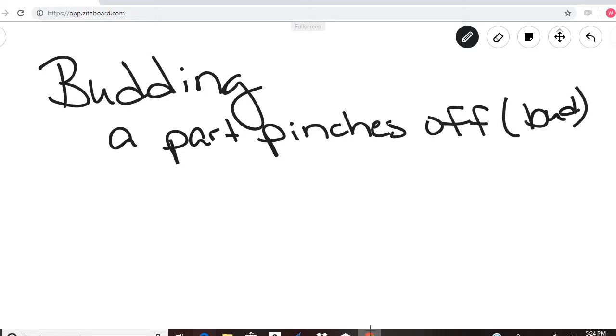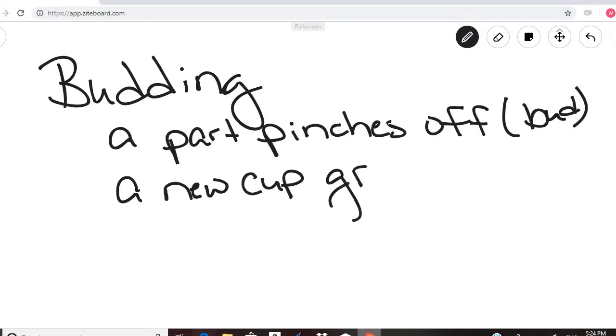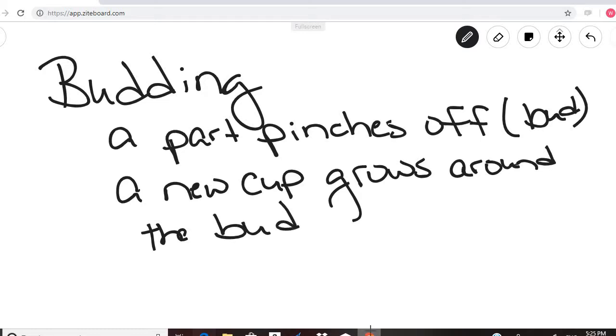And then a new cup grows around that bud. So they can bud in that way.